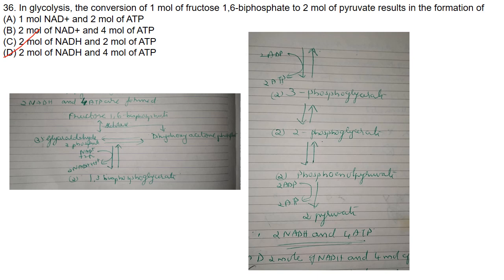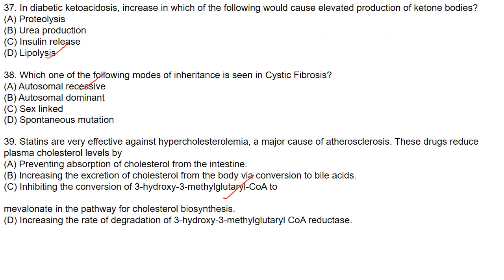Answer is option D. In diabetic ketoacidosis, increase in which of the following would cause elevated production of ketone bodies? So diabetic ketoacidosis develops when your body doesn't have enough insulin to allow blood sugar into your cells for use as energy. Instead, your liver breaks down fat for fuel, a process that produces acids called ketones.